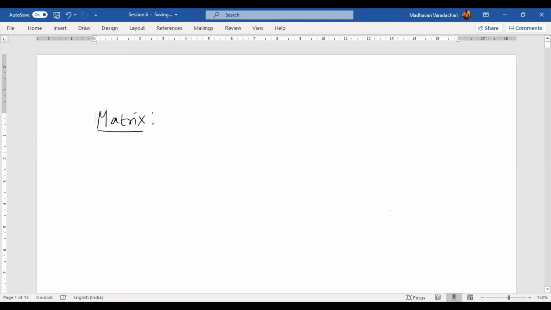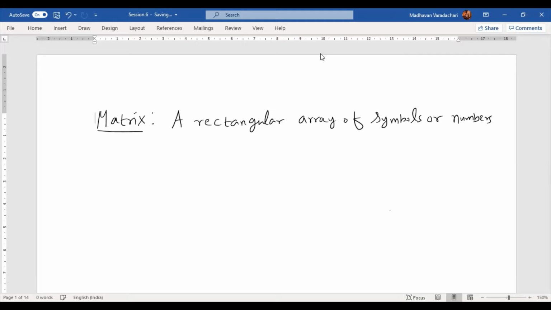It is a rectangular array of symbols or numbers, arranged in rows and columns. Is known as matrix.